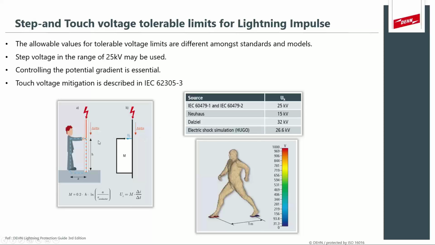Now for touch voltage, it's also a little bit different. When lightning passes through a conductor, it will pass through the human body into earth, where the voltage is different. But if we merely insulate a down conductor with normal insulation, like PVC pipes or things like that, that will also not suffice.